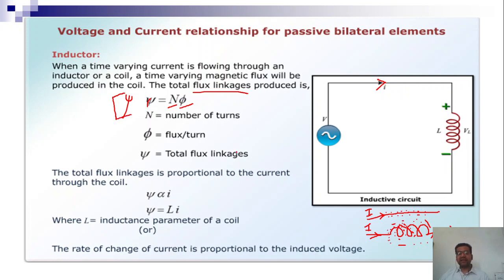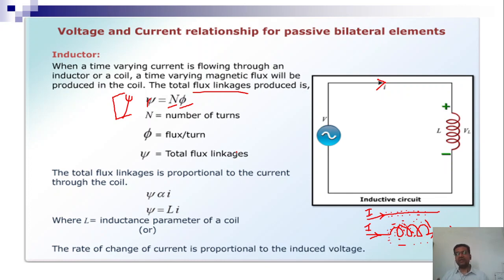Flux linkages are nothing but how much flux there is. What is a flux actually? I am saying field, but a field cannot be quantified, so you cannot say this much field is there. To quantify that field, to make a measure, we call it flux.